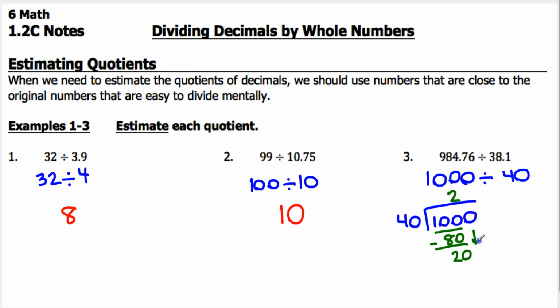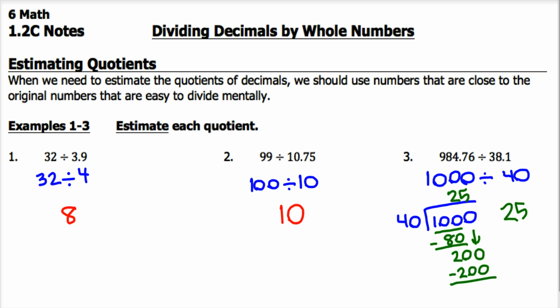And then I can bring down my 0. 40 goes into the number 200 5 whole times. And so that means 1000 divided by 40 is actually 25. So a good estimate for 984.76 divided by 38.1 would be the number 25.